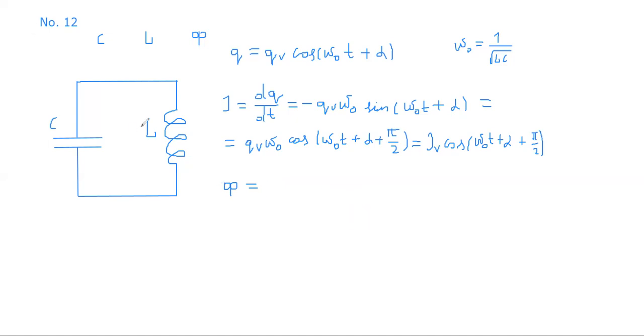This can be written as L, inductance, multiplied by the amplitude of the current.